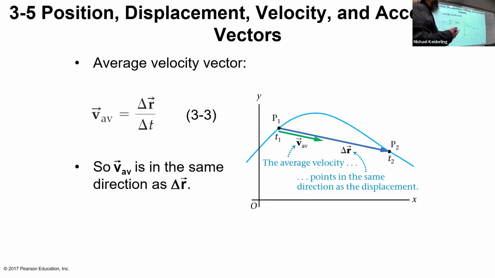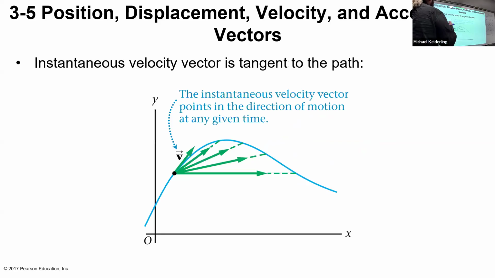So your average velocity will be in the same direction as your displacement. Your instantaneous velocity will be tangent to the curve, as displacement and time get smaller and smaller. So your instantaneous velocity will be along the tangent line of the curve you're on.